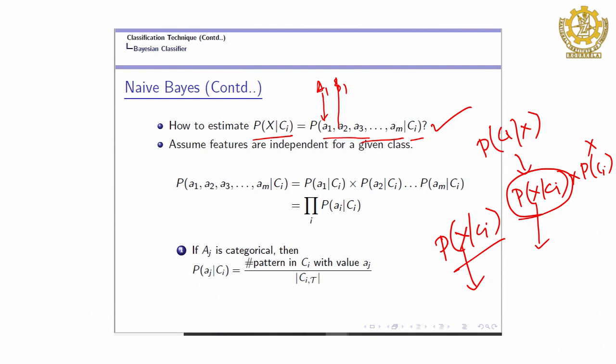So, let us say especially in text mining, what is done is you are given a text, you have to identify the class label of the text. That text may be the content of a news item, and you have to identify which category this news content belongs to. It can be sports news, or political news, or entertainment news.